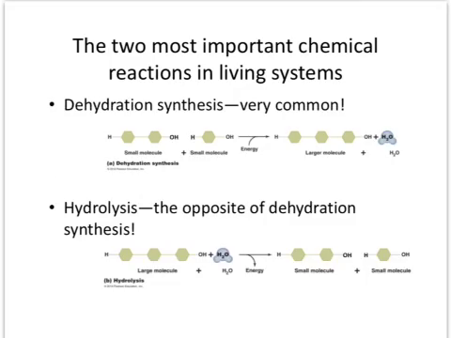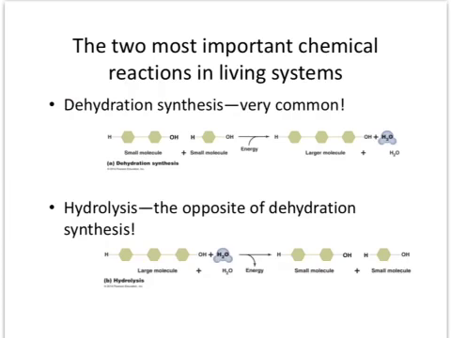Now here are two examples of some of the previous synthesis reactions and decomposition reactions that we just saw. One super common type of synthesis reaction is a reaction known as a dehydration synthesis.